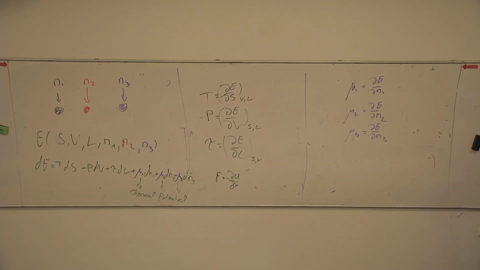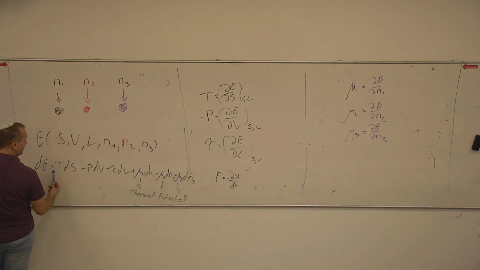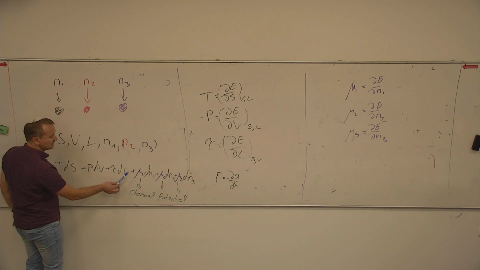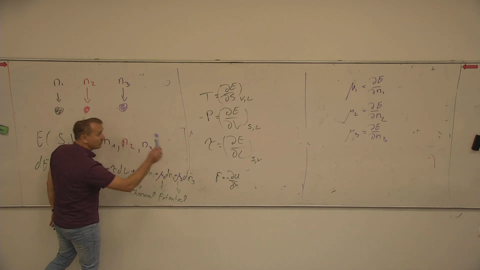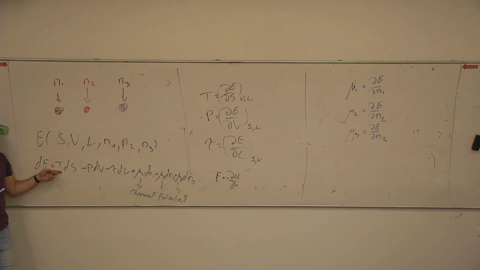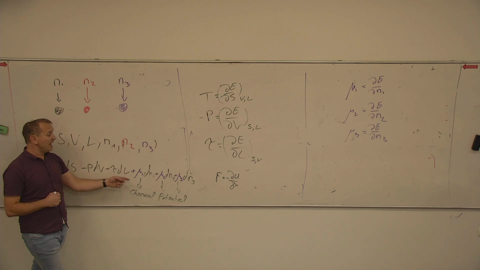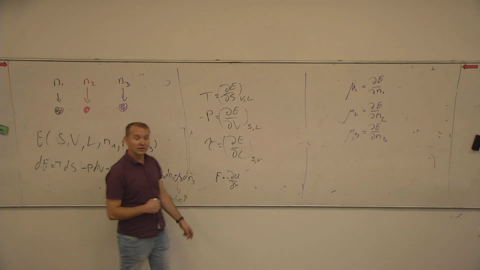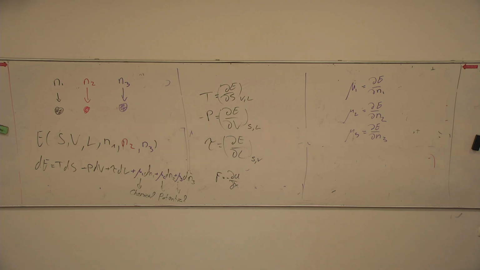Now, since E is extensive, S extensive, V extensive, L extensive, N1 also extensive, N2 extensive, and N3 also extensive, what is T? It's an intensive quantity. And P is intensive, and tau is intensive, and mu1, mu2 and mu3 are all intensive quantities. They are independent of the size of the system. Okay. Great.